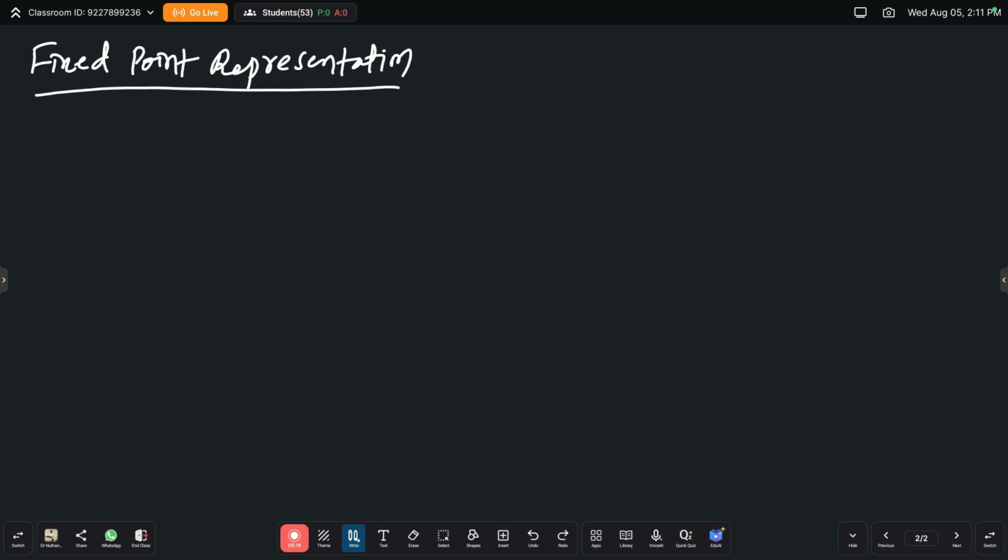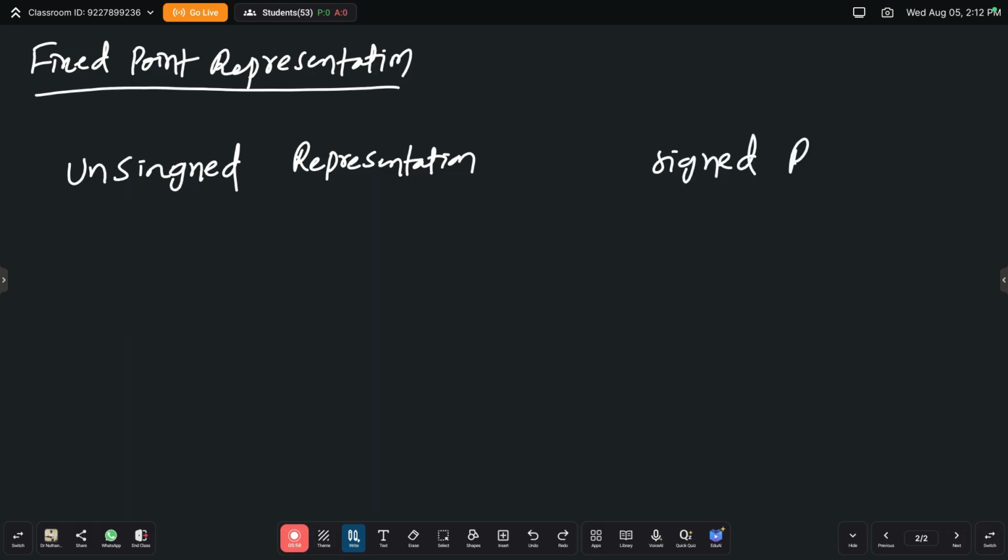You know that, okay? The fixed point representation has again two ways. One is unsigned representation and the other is signed representation.